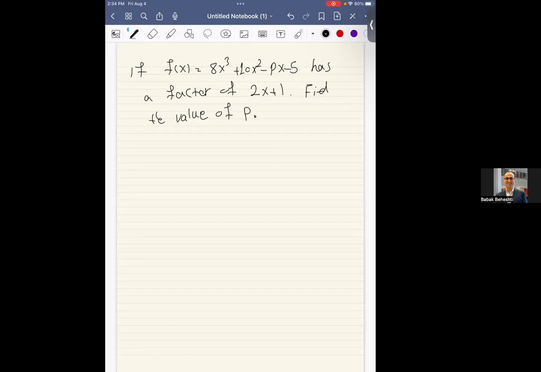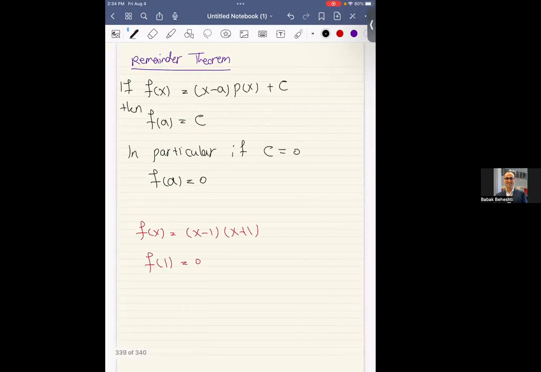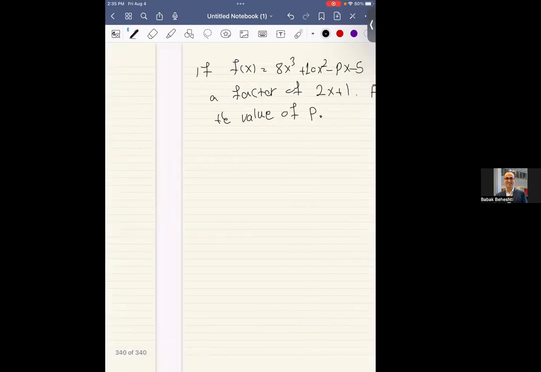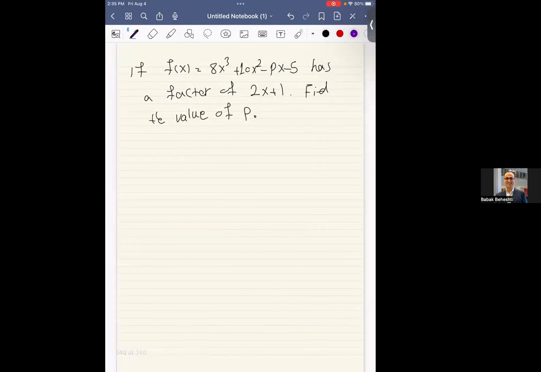So I know that this has a factor of 2x plus 1. But remember, the point is to use this theorem. So here, it means that f of x, 8x cubed plus 10x squared minus px minus 5, is equal to 2x plus 1 times some polynomial that I don't know.